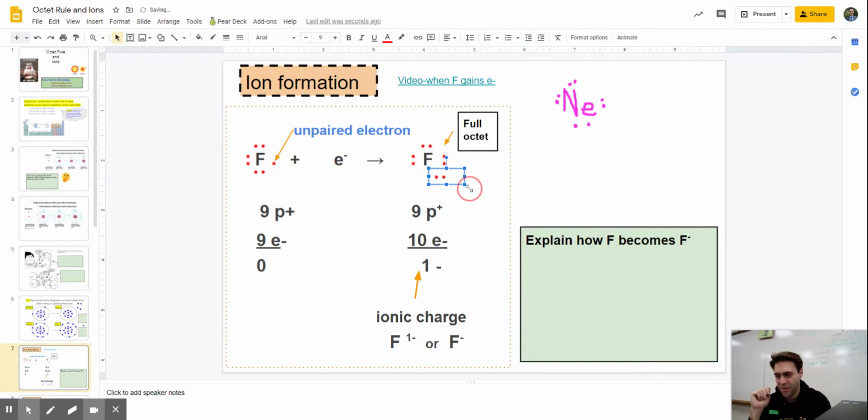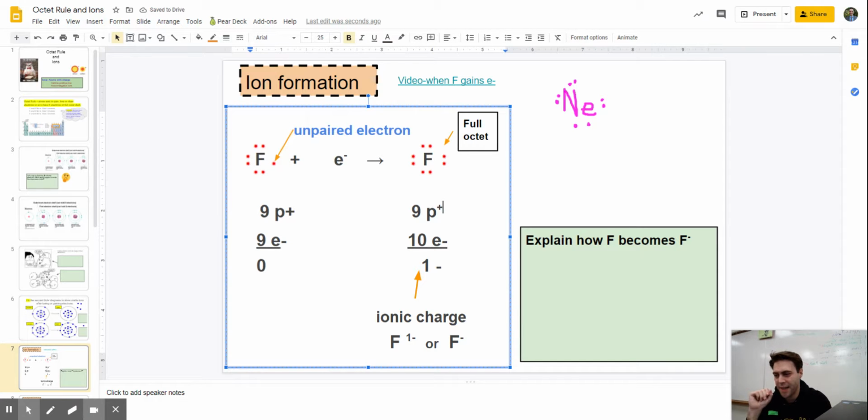Fluorine has a full octet. Has 8 electrons in its valence shell. Okay, still has the 9 protons. Okay, protons do not change. So 9 protons. It gained an electron. Electrons don't have much mass, but they have a negative charge. So instead of 9 electrons, we have 10.